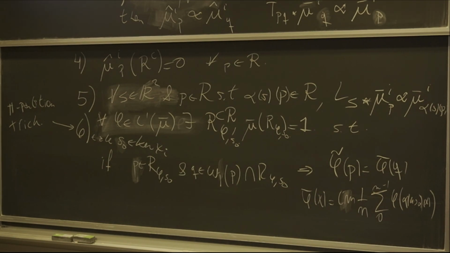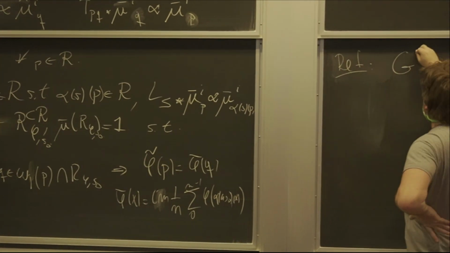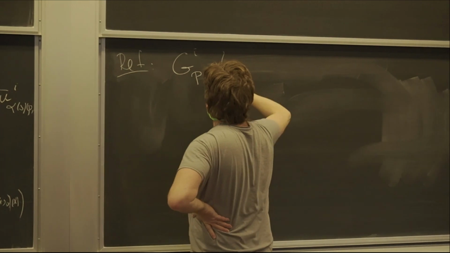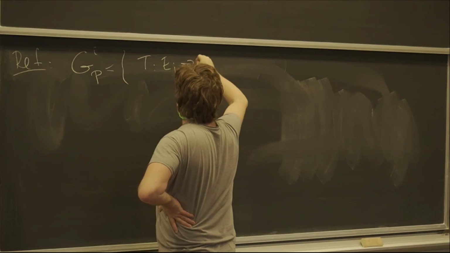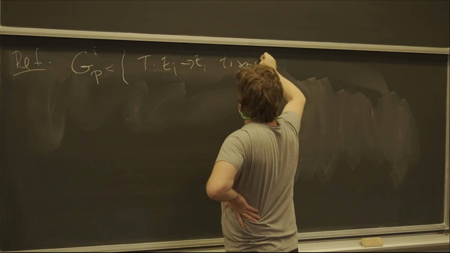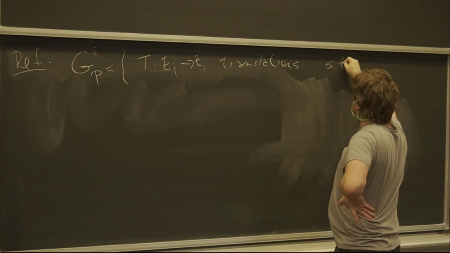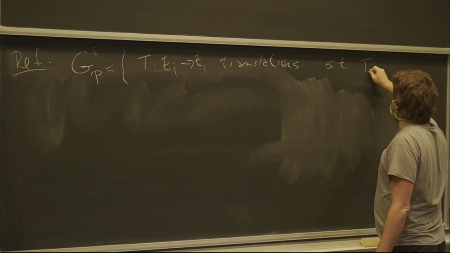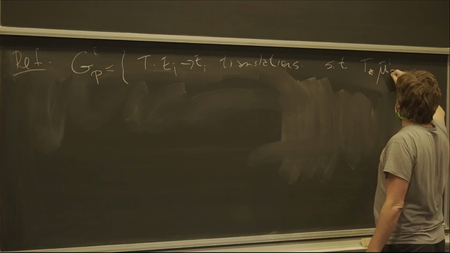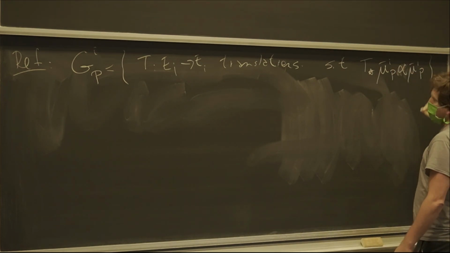Maybe first let's define GIP, which is all the translations T from EI to EI such that T star mu bar IP is proportional to mu bar IP.